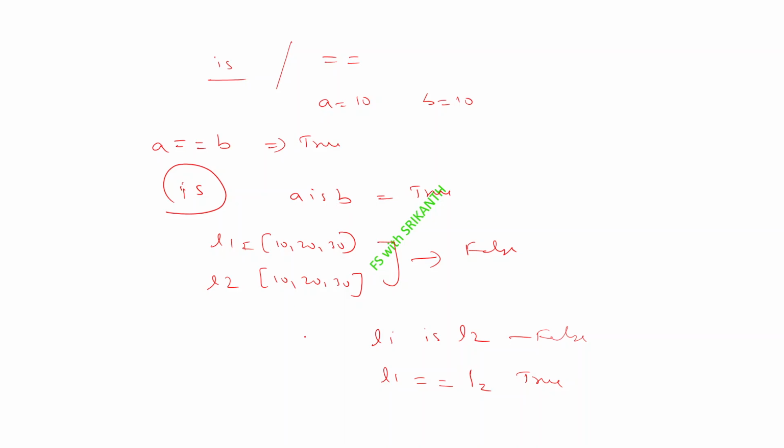You can check like this: id of L1, id of L2. Both are different memory locations, and id of a, id of b have the same memory location. So we get false and true.